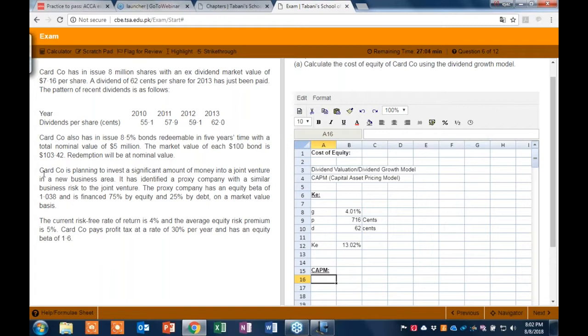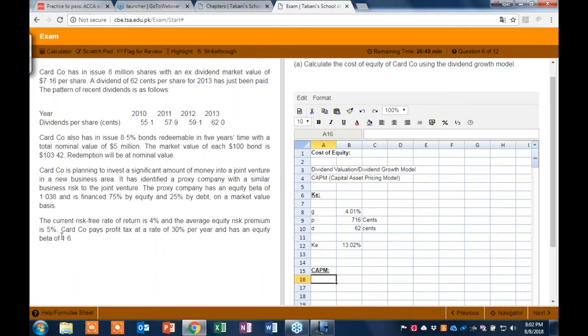Whereas if you look at this information given in this para, card company is planning to invest a significant amount of money into a joint venture in a new business area. So it's moving towards a new business area, which would mean that the new business area may have a different risk level than the current risk level of card company.